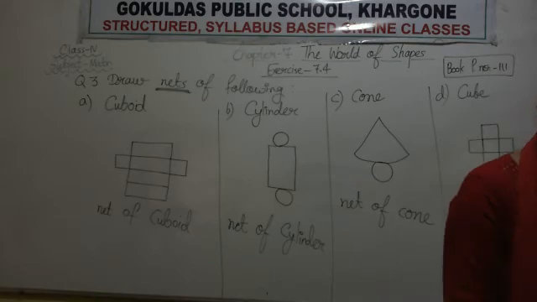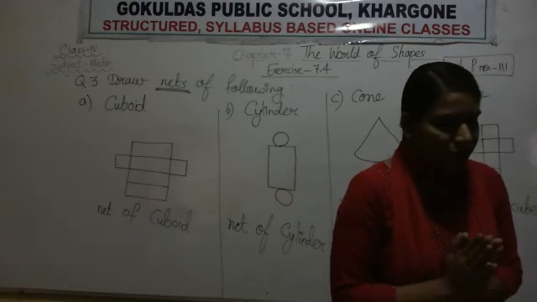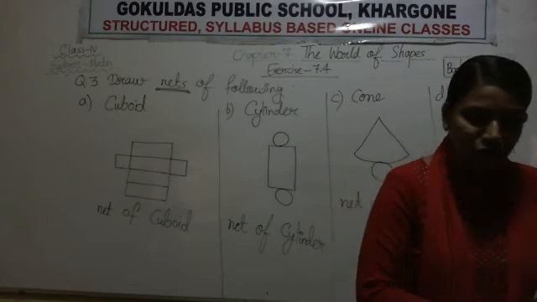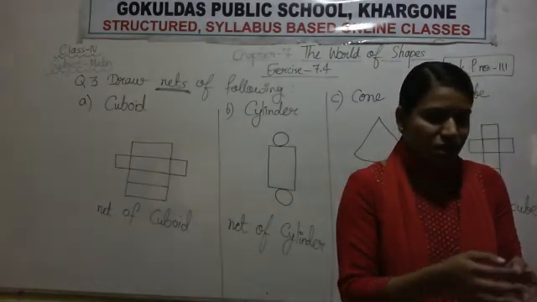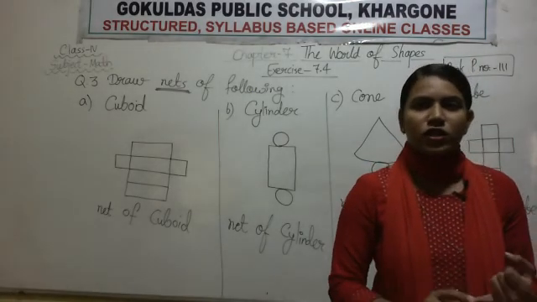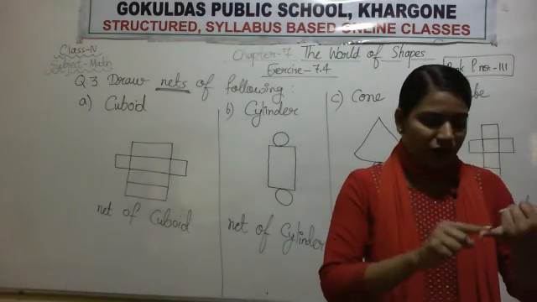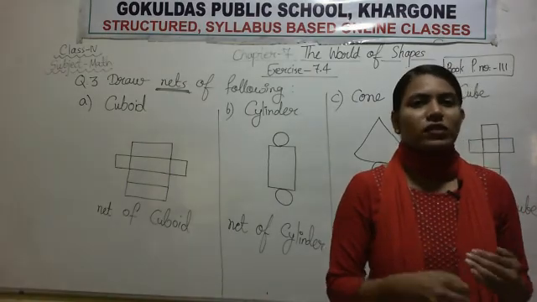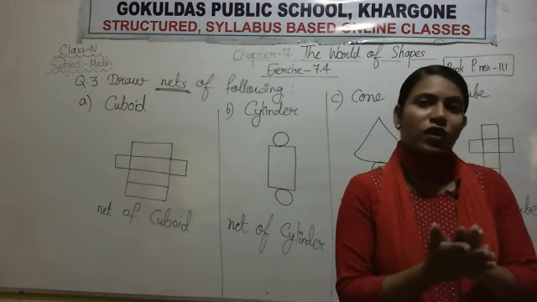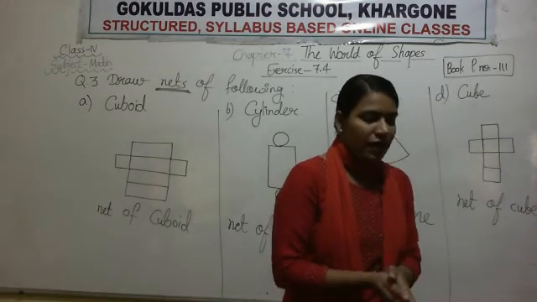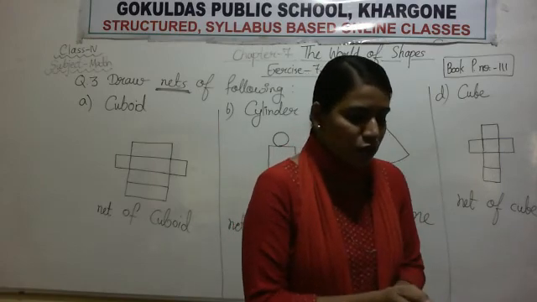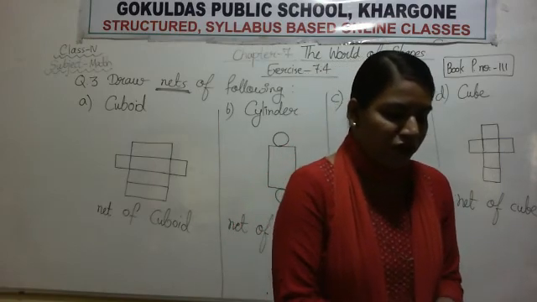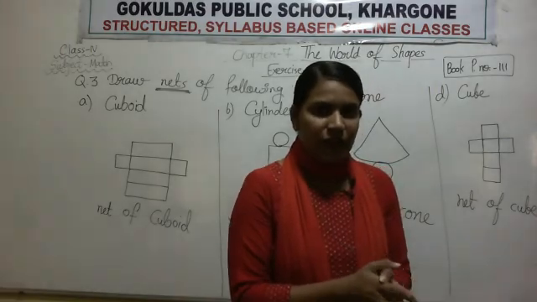Now question number 5. Read the question number 5 carefully. It is: draw the top view, front view and side view of the following solid shapes. Some solid shapes are given and you need to draw top view, front view and side view of those solids. We will cover this question when you come to school, as it is not possible to show all top, front and side views here in the video lecture.